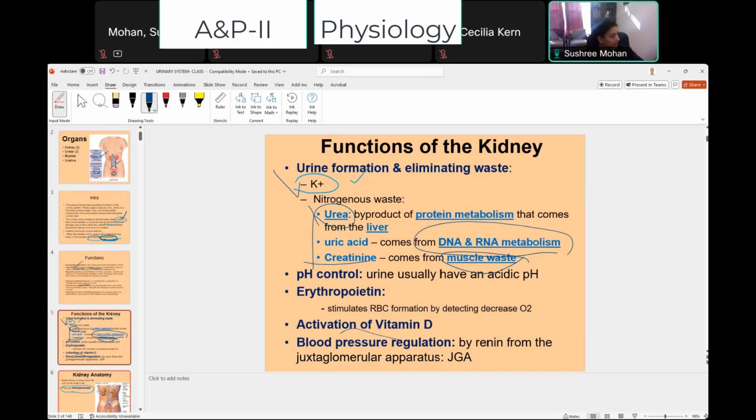So kidneys have a role to play in RBC. They have a role to play in calcium metabolism as well. Blood pressure regulation, this is the most important. People who suffer from high blood pressure, hypertension, for a prolonged period of time usually end up with some kind of kidney ailment, because blood pressure regulation is done by the kidneys.